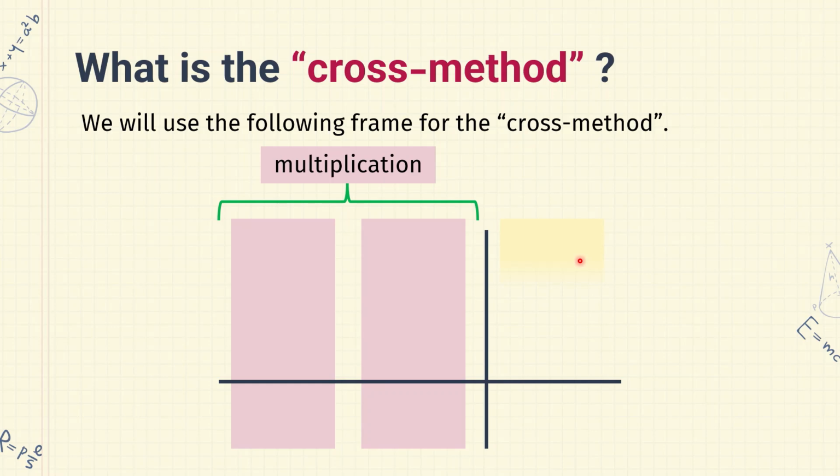Then in the very last column, the terms that we find over here will undergo addition. This is a rule that we must follow when doing our cross method. I'm going to keep this image in all the questions that we run through, so that you keep in mind which area undergoes multiplication and which area undergoes addition.